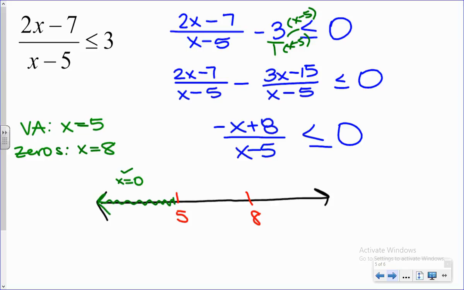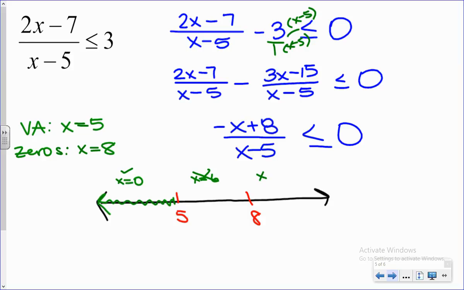Okay, between 5 and 8, what do you want to pick? 6 sounds great. If we plug in 6, we get a positive 2 over a positive 1. Is that less than 0? Nope. Okay.